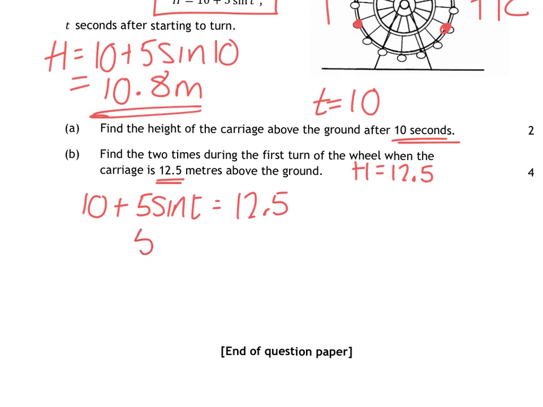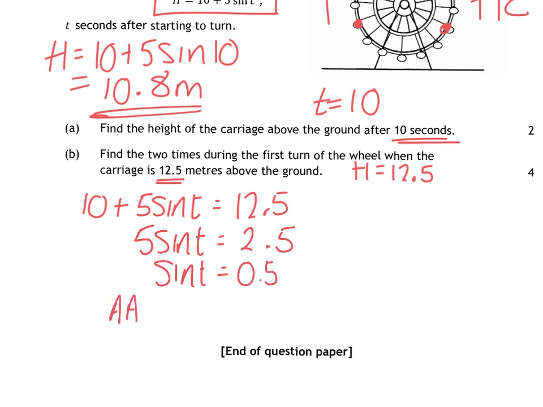So moving the 10 over, you have 5 sine t equals 2.5. Divide by the 5, you have 2.5 divided by 5 is 0.5. Your acute angle is then shift sine of 0.5, which is 30.